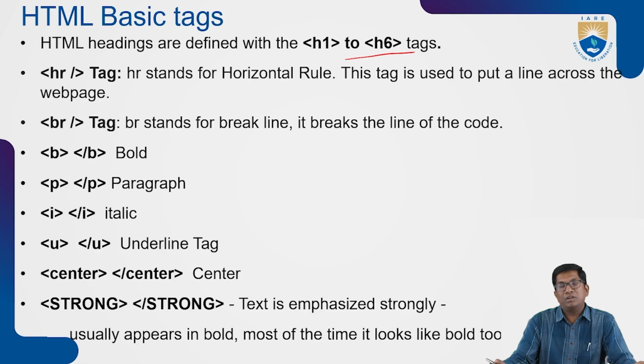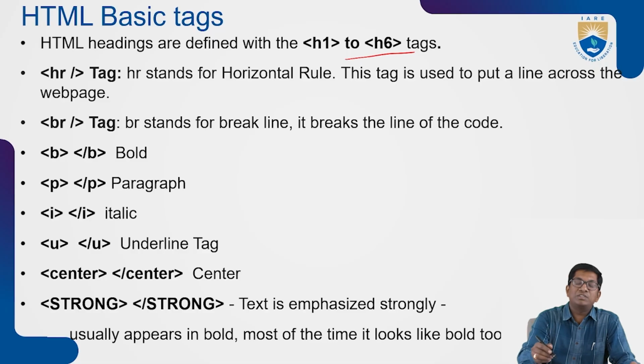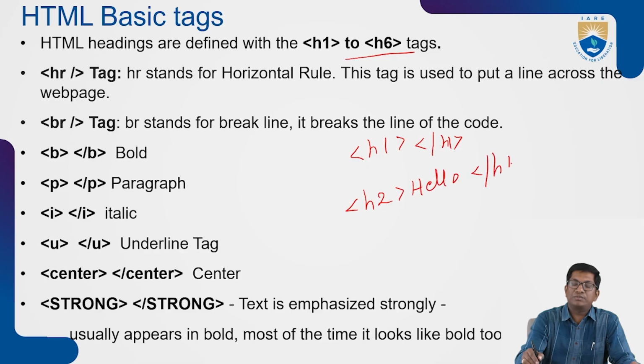If you want to display the content in different sizes in your web page, then you can use H1 to H6. That means we have a header tag H1, close the H1. Next we have H2, for example, hello. Close this one, H1.